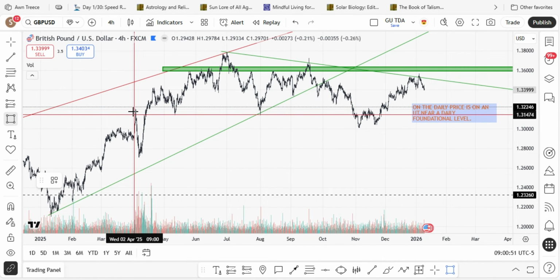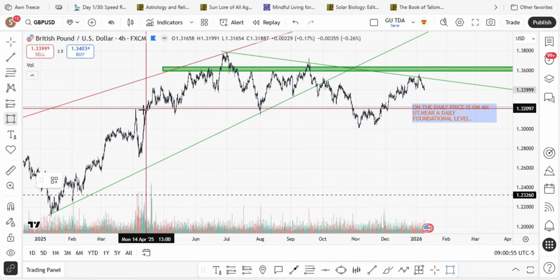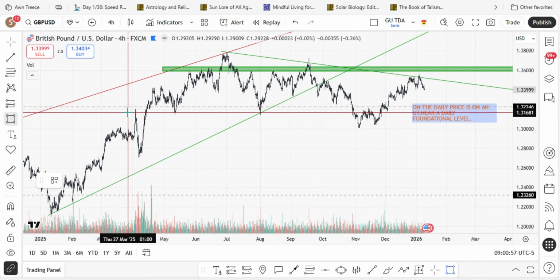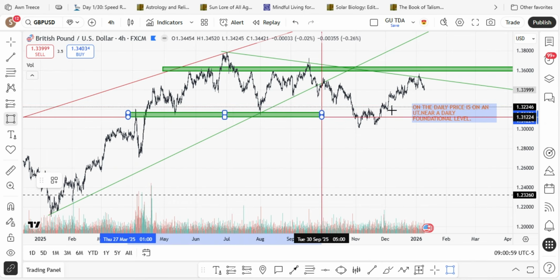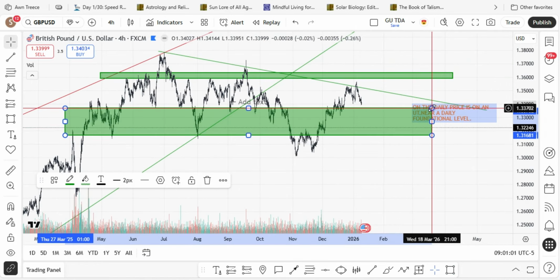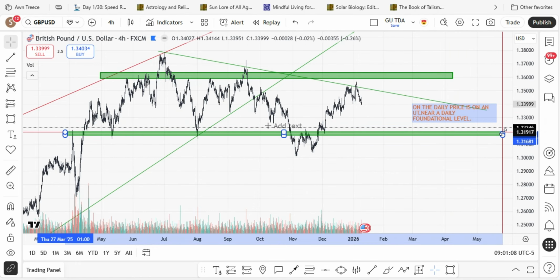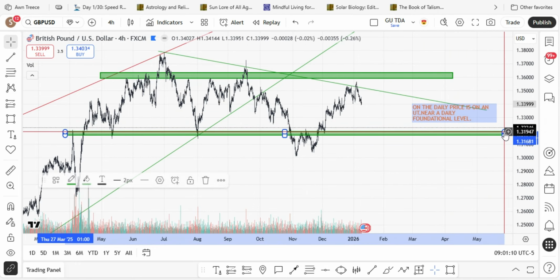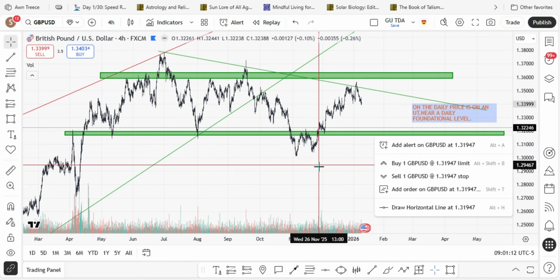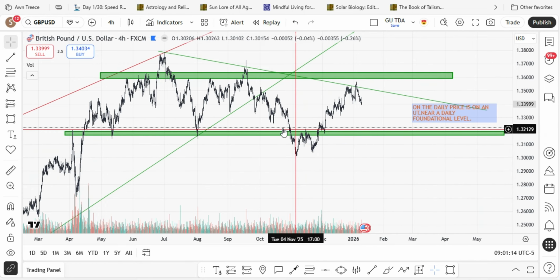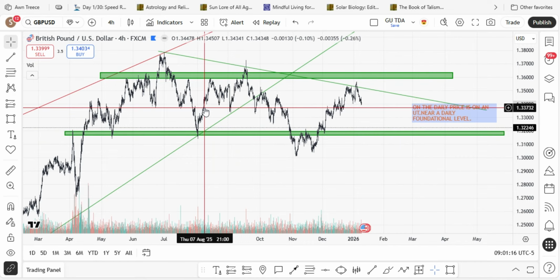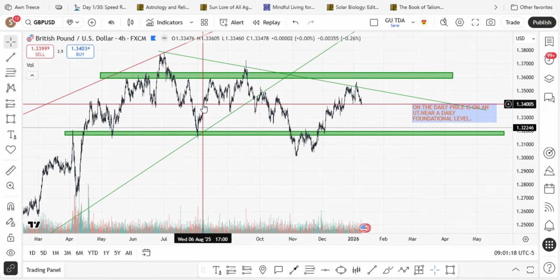Don't really need a zone here because I have my daily level, but just for emphasis, I'll go ahead and place it. I'll just make it a little thinner. It's right here.